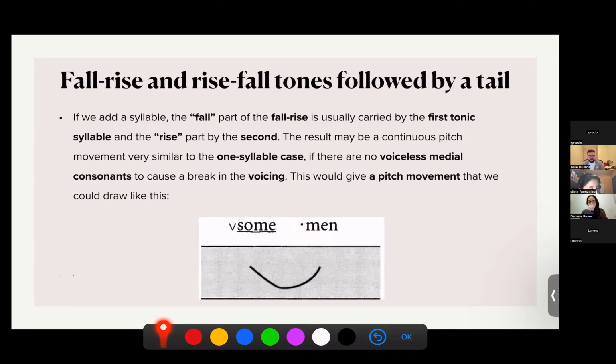So if it is fall and rise, that means that men is going to continue with the same pitch, with the same tone.